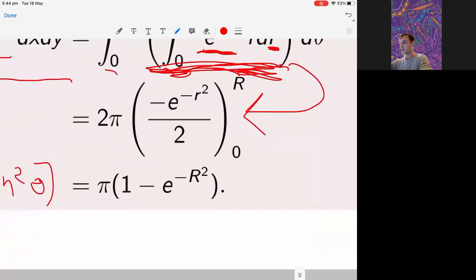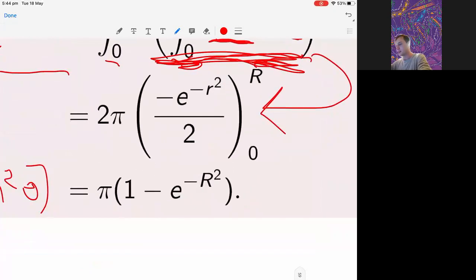And so if we're just focusing on this particular integral here, the integral from 0 up to R of e to the minus r squared times r dr, I'm going to let u be equal to r squared.